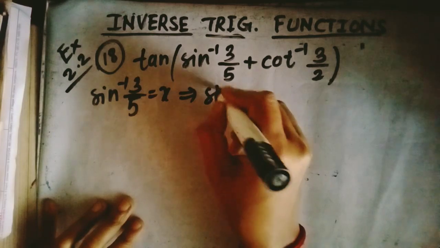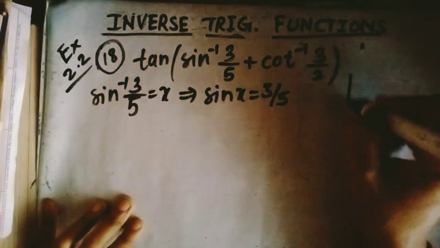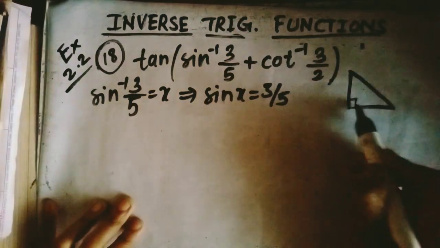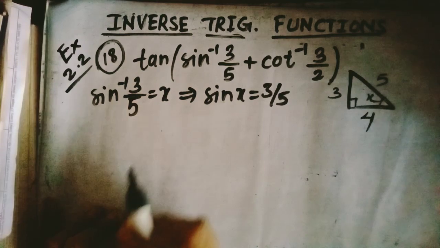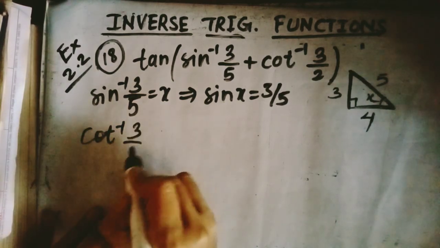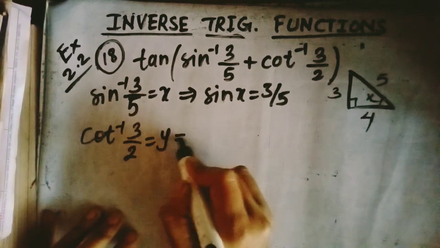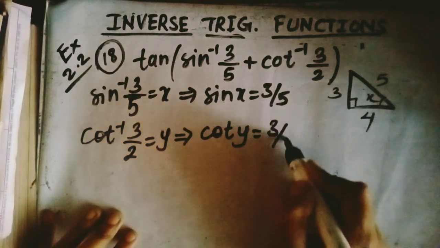So sine x is 3 upon 5. Drawing the triangle, you will get this side as 4. Then cot inverse 3 by 2, I am taking as y. So cot of y is 3 upon 2.